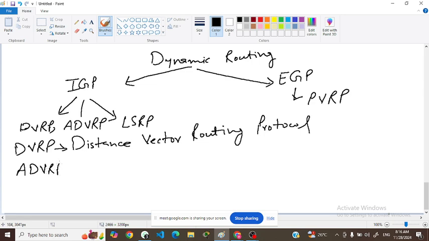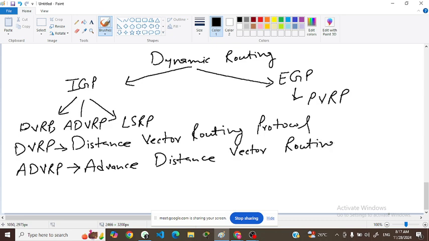ADVRP, advanced distance vector routing protocol. LSRP, link state routing protocol.